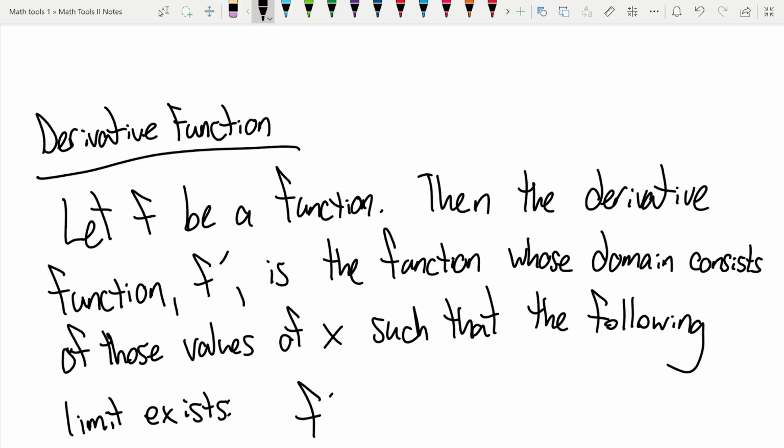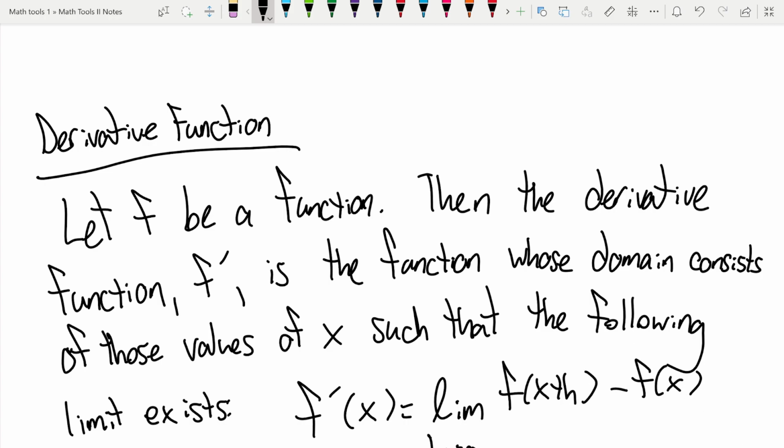Okay, so this is f prime of x equals the limit as h approaches 0 of f of x plus h minus f of x divided by h.